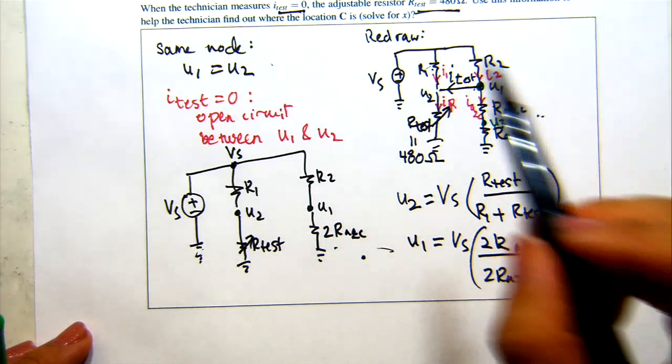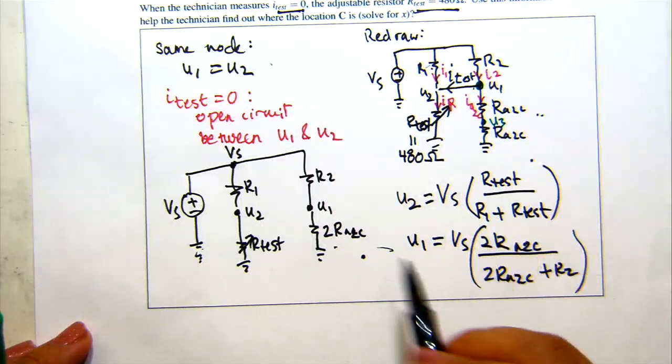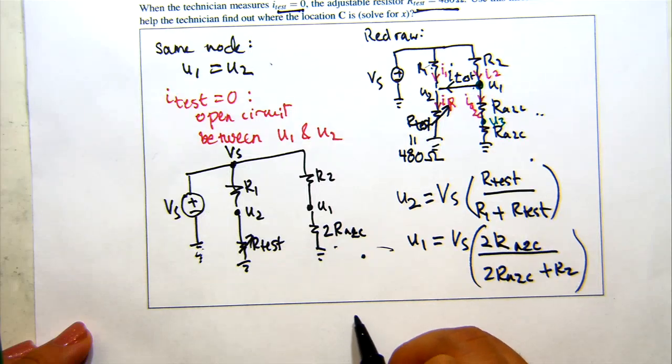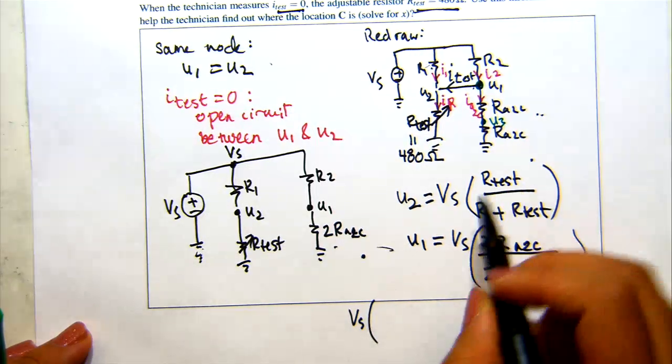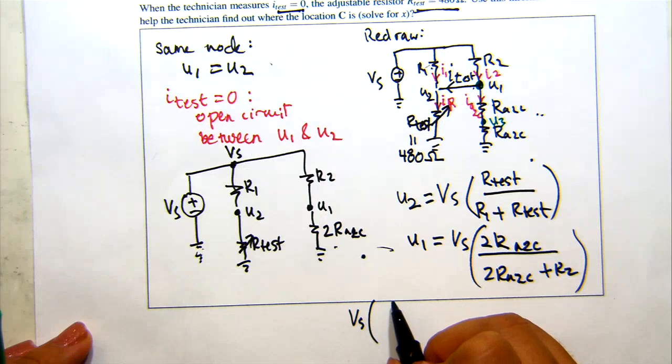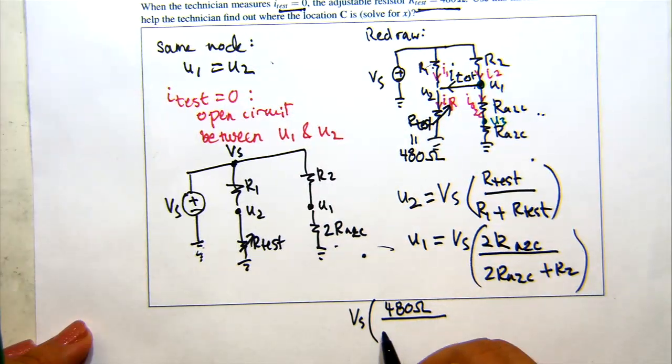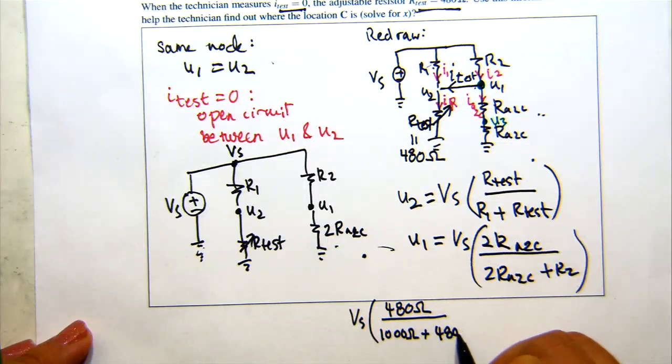Okay, so let's go ahead and substitute some numbers in. So let me go ahead and set U1 equal to U2. So we'll get Vs times R test, which they told us is 480 ohms, over 1,000 ohms plus 480 ohms.